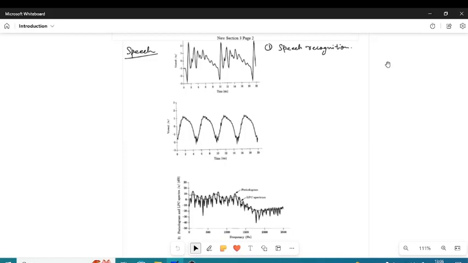One method is to store three waveforms. Here is shown a typical waveform for vowel A, and this one is the typical waveform for vowel E. So we can store three samples of these waveforms for a person. The person speaks A, we ask him to repeat it three times, and we save the waveforms.